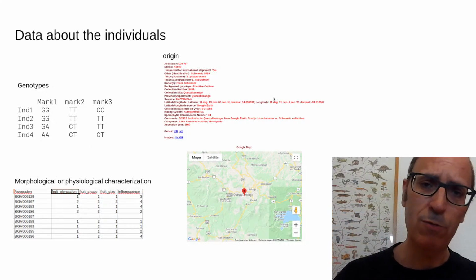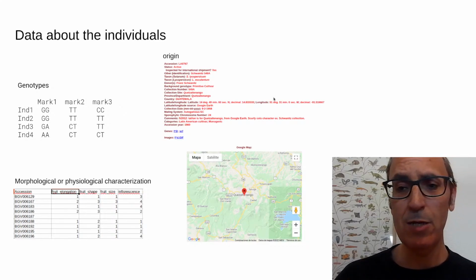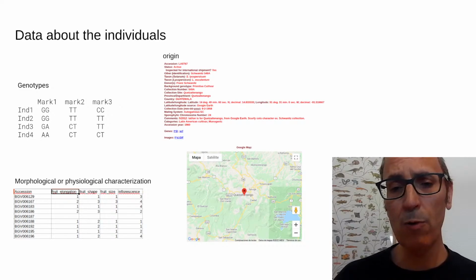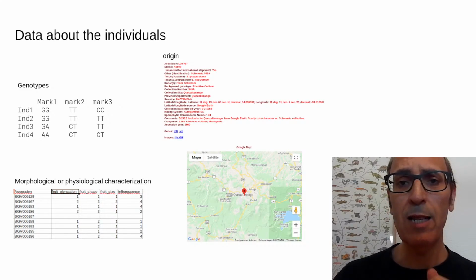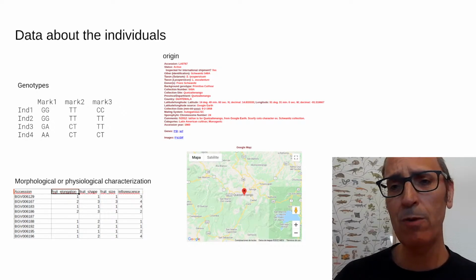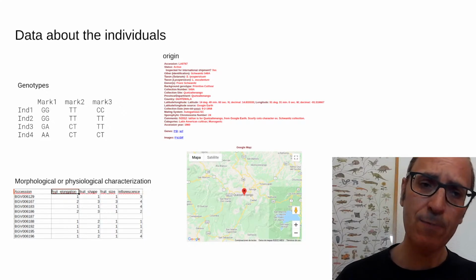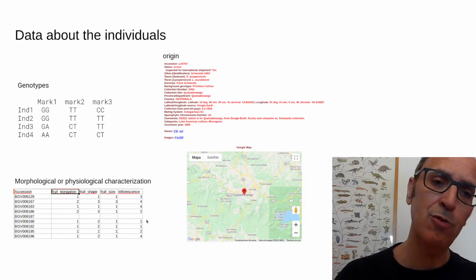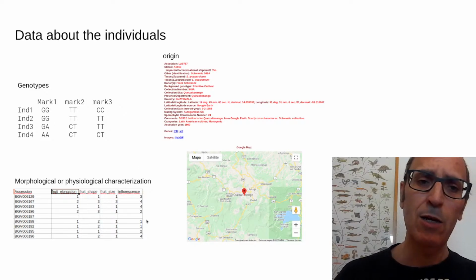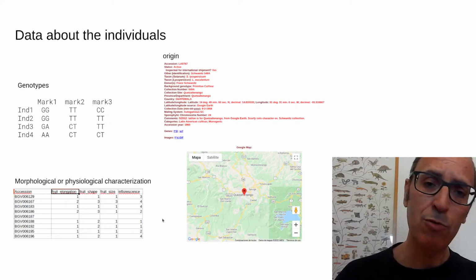Also, very important is to have the data about the origin of the individuals. Where were the samples collected? Or if it's people, where did they live? Which are their origins? Any information about the individual that you can get will be very useful when doing your analysis. And finally, sometimes you also have a morphological or physiological characterization that you can use to add data.